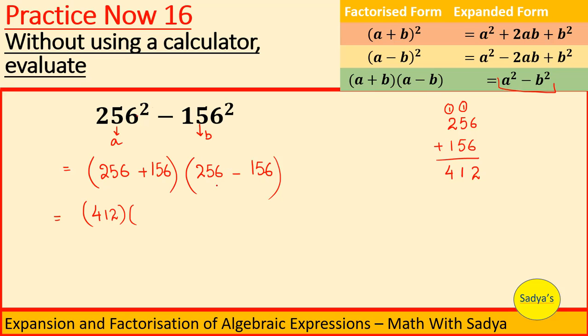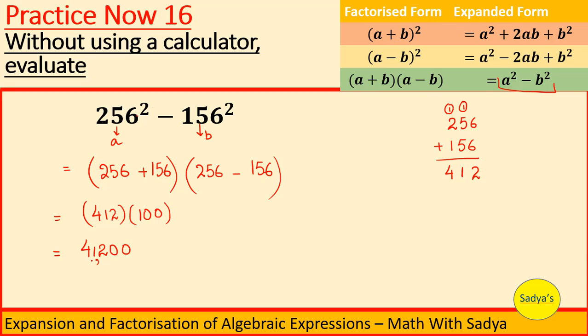And 256 minus 156 is equal to 100. So 412 multiplied by 100 is 412 followed by 2 zeros. So the answer is 41,200.